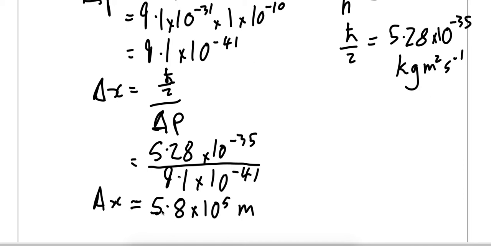So if we know the momentum very precisely, we can't know the position precisely at all. If you have an electron within a range of 580 kilometers, obviously you know nothing really about its position at all. So this is the uncertainty principle in action.